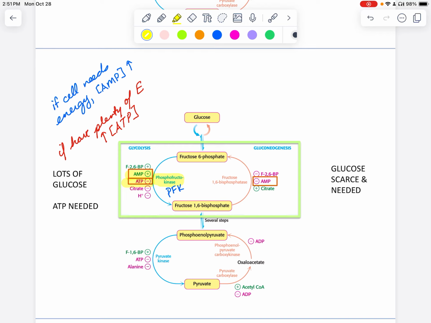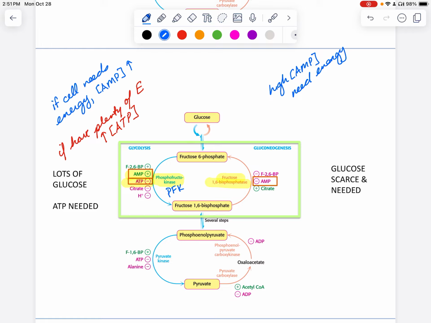Now, on the other side, it turns out that the one that binds to this enzyme, fructose 1,6-bisphosphatase, so phosphatase is removing a phosphate, and the one that really binds here is the AMP. And so remember, if we see high AMP levels, just like over there on the glycolysis side, it likely means we need energy.